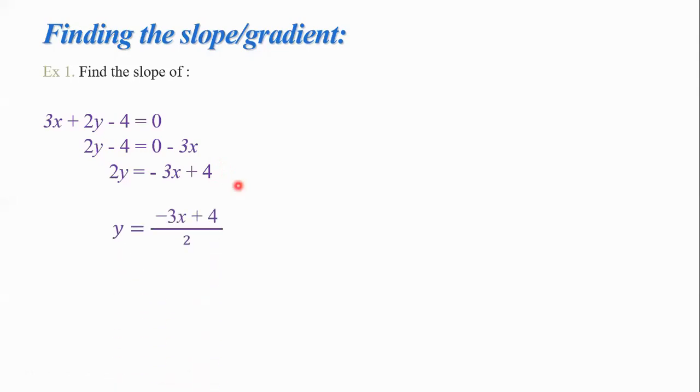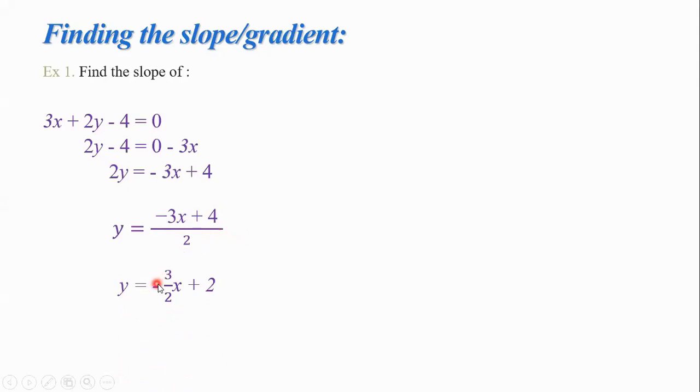And now we need to get rid of the 2. Because this is 2 times y, when the 2 goes over the equal sign, it becomes division. And so all of this is going to be divided by 2. We can separate the numerator and divide all parts of the numerator by 2.